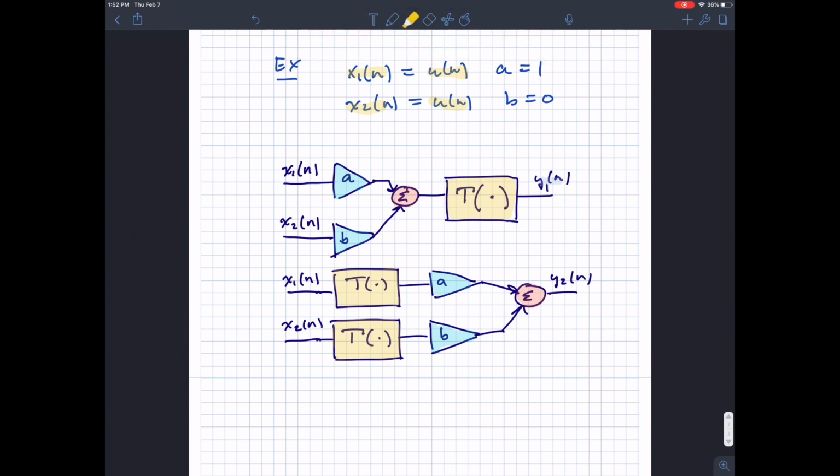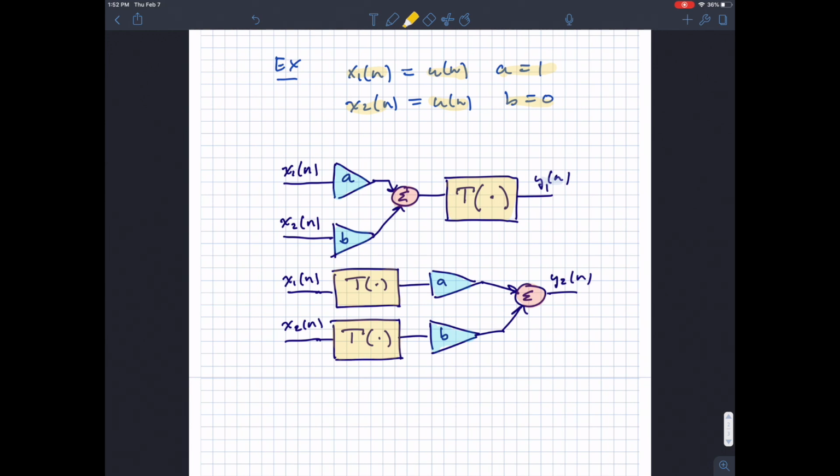Let's make a equal 1 and b equal 0. This is a perfectly valid choice of signals to do a test case on. We have to have the linearity condition being true for all possible combinations of input signals and parameters a and b. But we can test it and see what happens.